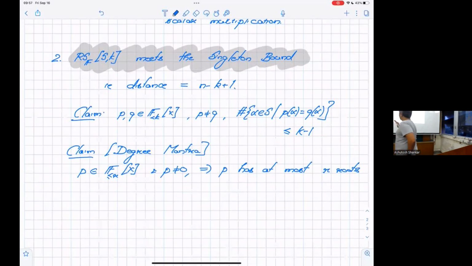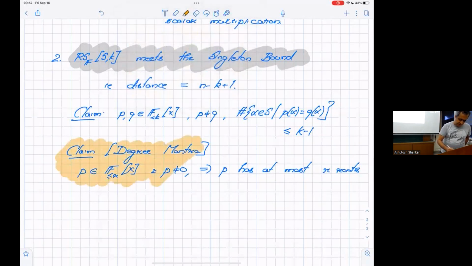Anywhere in the field, in a field extension, anywhere, this is the number of roots that P can have. This is something we will use over and over again. You have seen the proof of this previously somewhere. If not, we'll do the proof of this anyway.